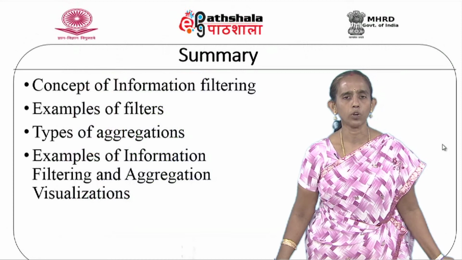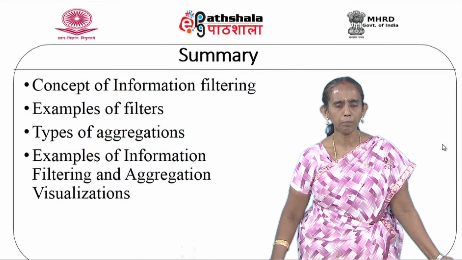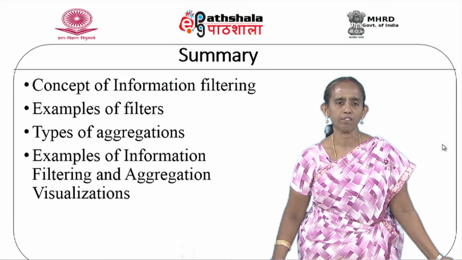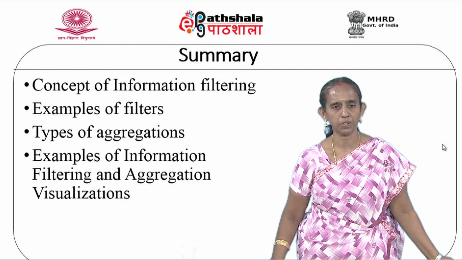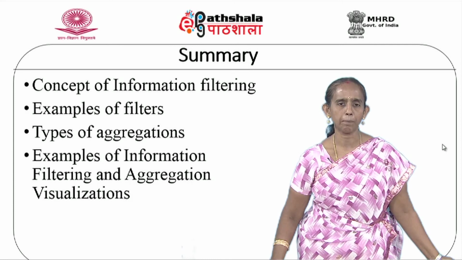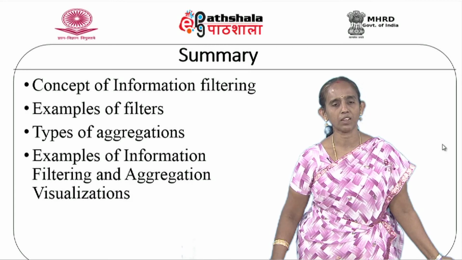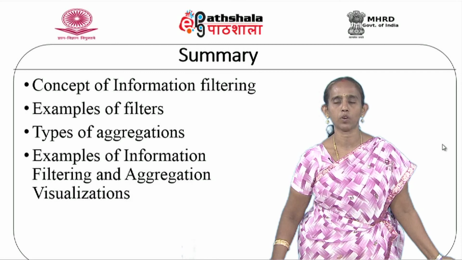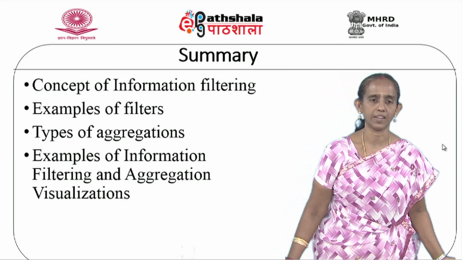So let us now look at the summary of whatever we have dealt with in this particular module. We have looked at the concept of information filtering, the definition of information filtering, and the different types of information filtering that can happen. We have also looked at various examples of filters like collaborative filters, adaptive filters, etc. We have also looked at various techniques and attributes that can be applied to set the filter values.